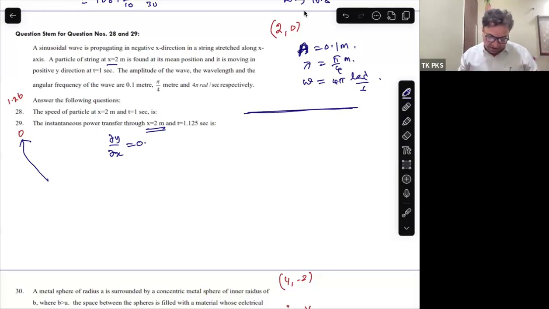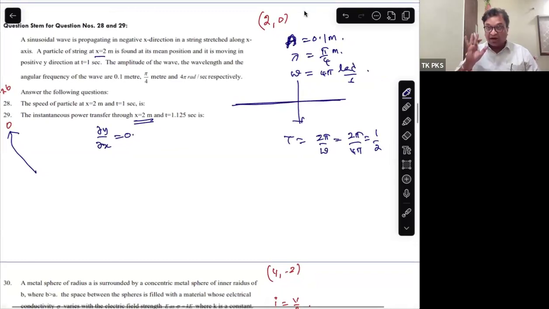Next, the speed of the particle at x equal to 2 meter and t equal to 1 second. Now it is a different time. Please remember, it is at a different time. Arya, please try to understand what the time period is here. 2 pi by omega, 2 pi by 4 pi means the time period is 1 by 2. Time period is 1 by 2, boys and girls.